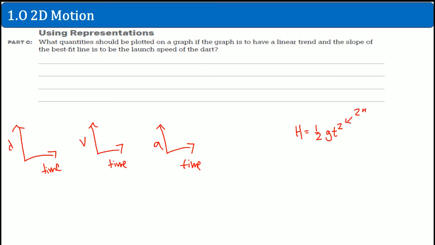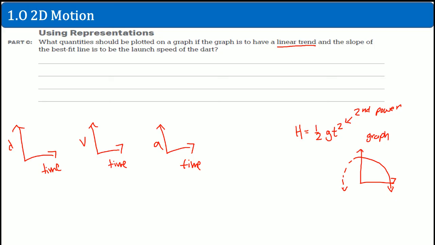This is a second power. If we graphed it the way this is, it would look something like this. Right? This is the negative side. We don't want that. We want a linear trend. So we want a value so that both sides will create a linear line.